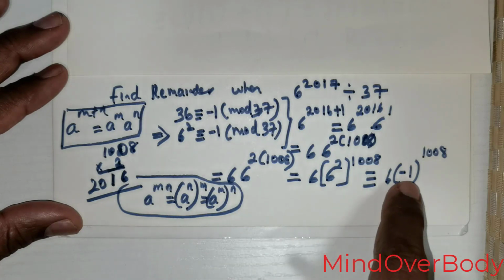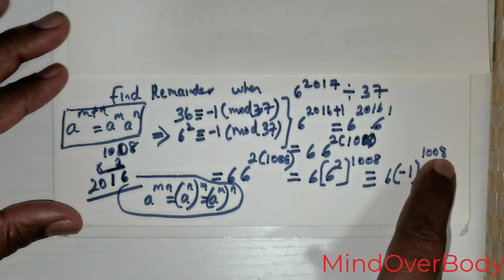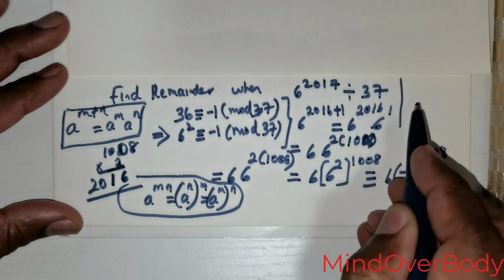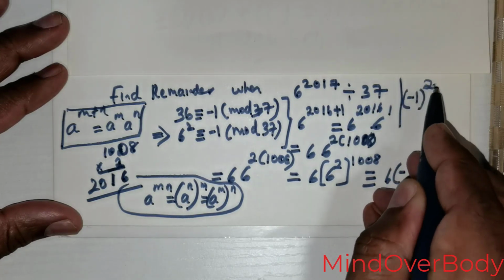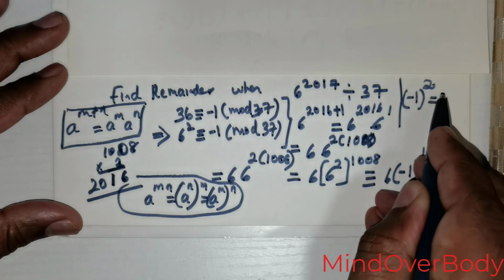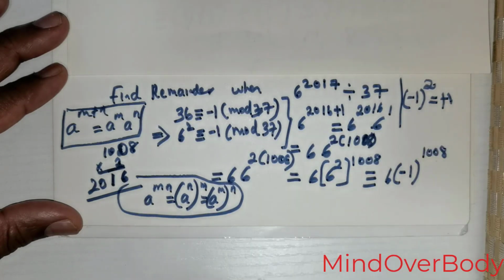Now what is -1 raised to the power of an even number? Now clearly we know if you got a negative number, say -1, if it is raised to the power of an even number, the outcome is always going to be a positive number. In this case it's going to be positive 1.